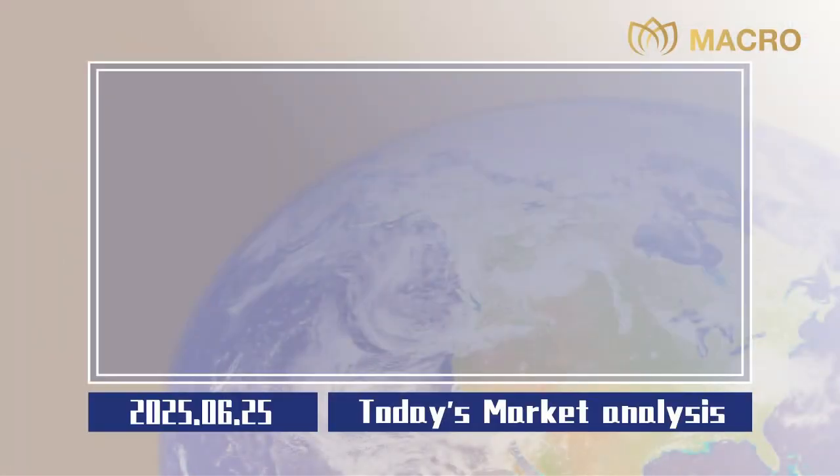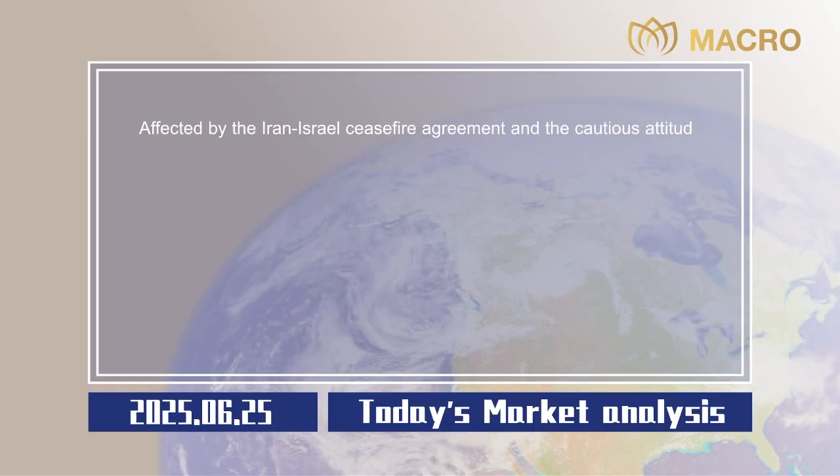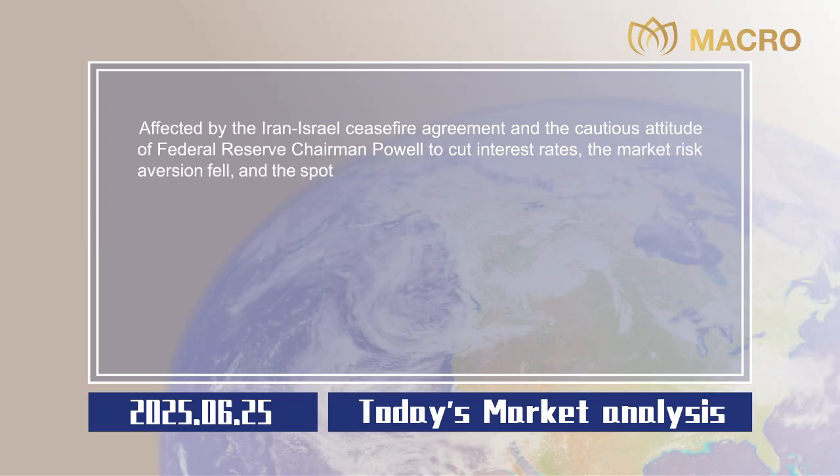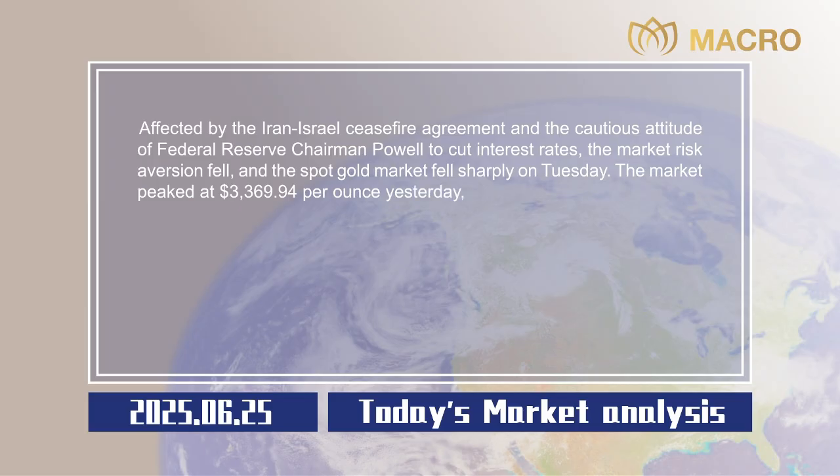Market analysis. Affected by the Iran-Israel ceasefire agreement and the cautious attitude of Federal Reserve Chairman Powell to cut interest rates, market risk aversion fell, and the spot gold market fell sharply on Tuesday. The market peaked at $3,369.94 per ounce yesterday, and the lowest was $3,295.46 per ounce, and finally closed at $3,322.81 per ounce.